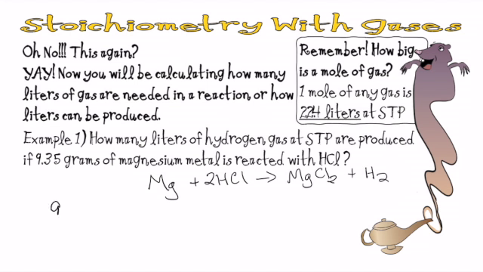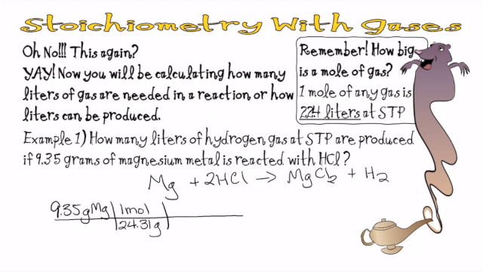So like we did before, we start with what we're given. So we have 9.35 grams of magnesium. Our first step is always to get to moles. So we're going to divide by the molar mass of magnesium, 24.31 grams in 1 mole. Remember that whenever you use molar mass, you are always comparing it to 1 mole.